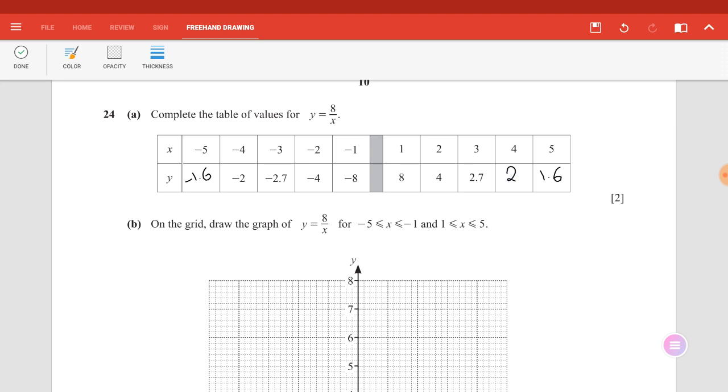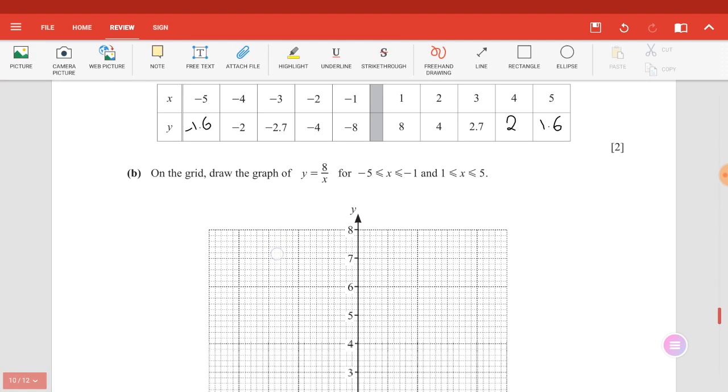Now you just need to plot the points and make your graph.